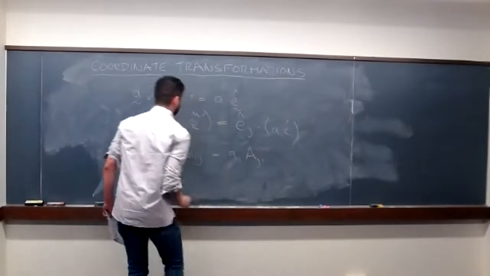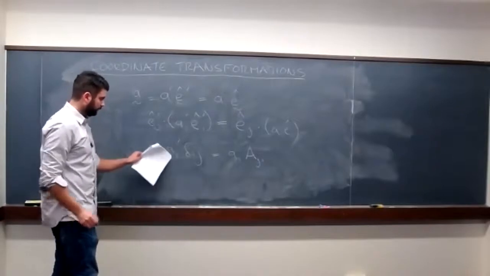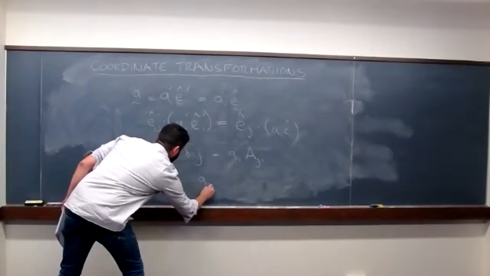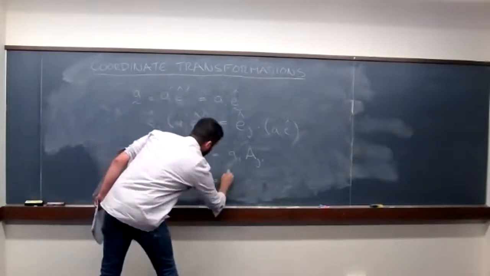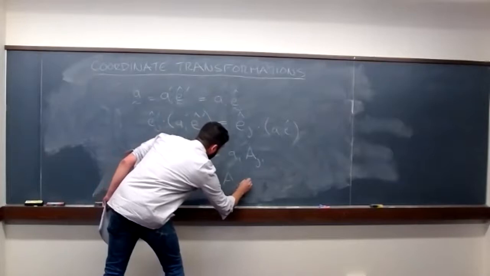Careful. And the Kronecker delta just switches around the indices here. And we find this equation, which relates the components in the new coordinate system to the components in the old coordinate system.